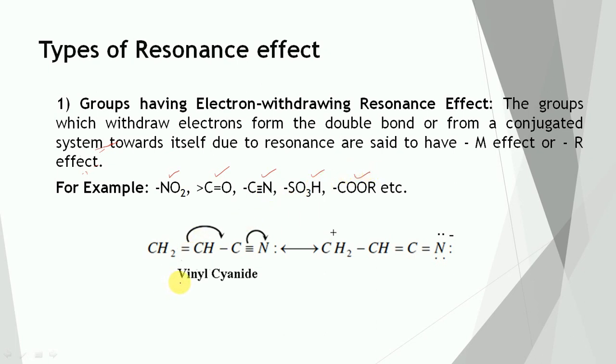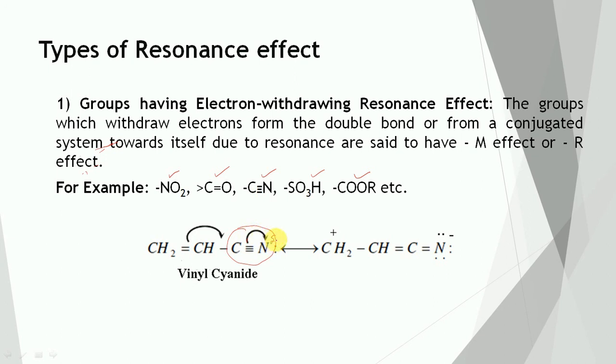So let us see how this electron withdrawing resonance effect operates in a chemical reaction. Let us see vinyl cyanide. This is the group which shows the electron withdrawing resonance effect. So the pi electrons of the CN bond are going to shift toward this side. This end will acquire a negative charge. At the same time, the pi bond of the CH2 and CH bond is going to shift toward this side.